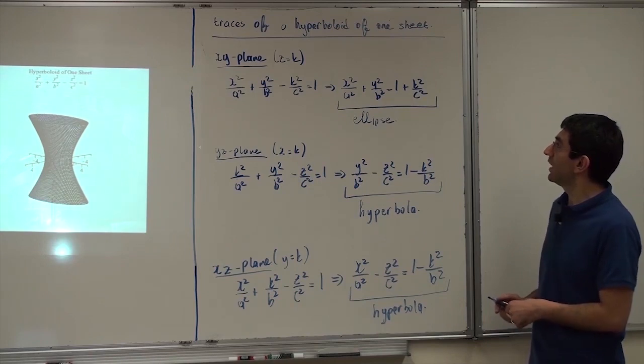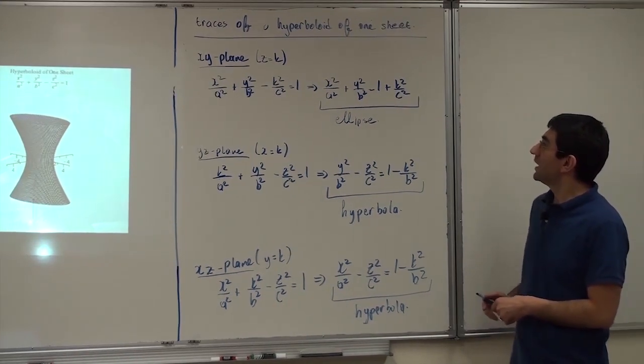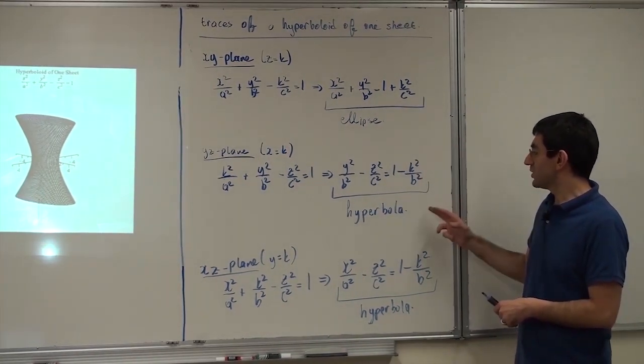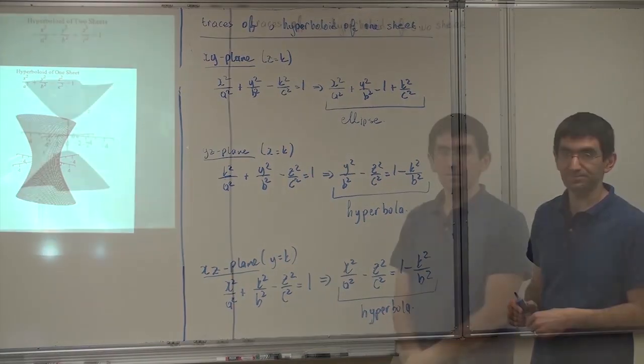So, the traces of a hyperboloid of one sheet are either ellipses or hyperbolas.